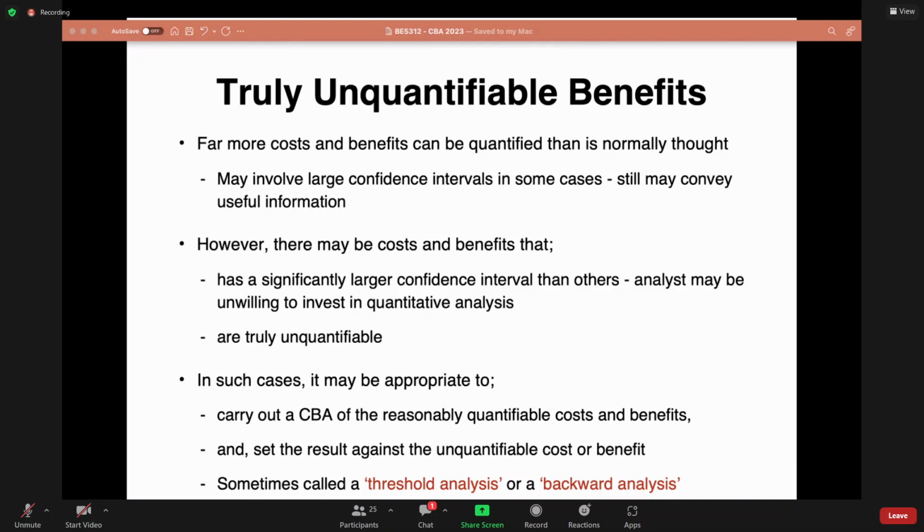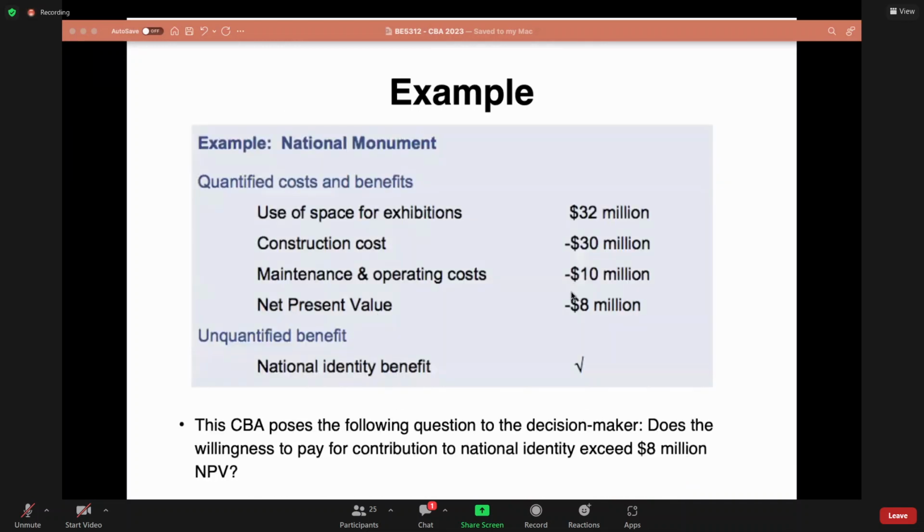So for instance, something like this. You can show your actual quantified costs and benefits, and then just list and mention any unquantified benefits and costs also.